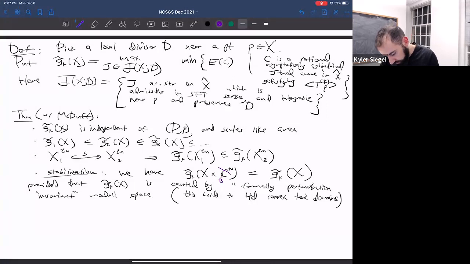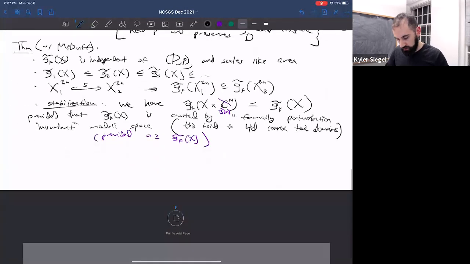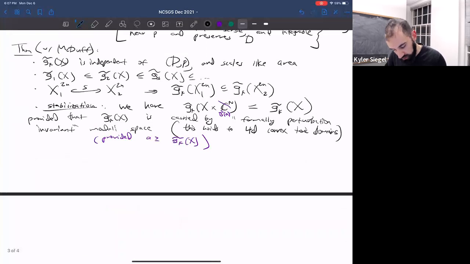If you multiply by just a ball of area A, for example, then this still holds, provided also that A is at least the value of the capacity on X. So you can be a bit more quantitative about the stabilization.